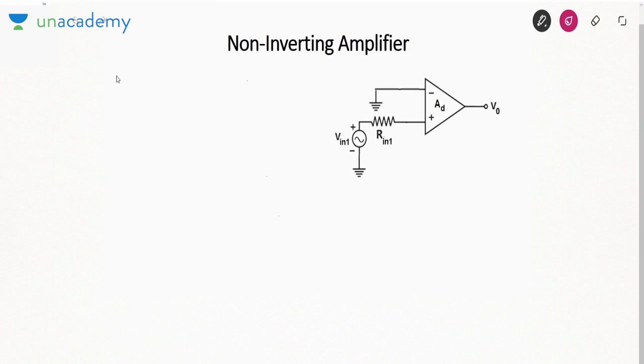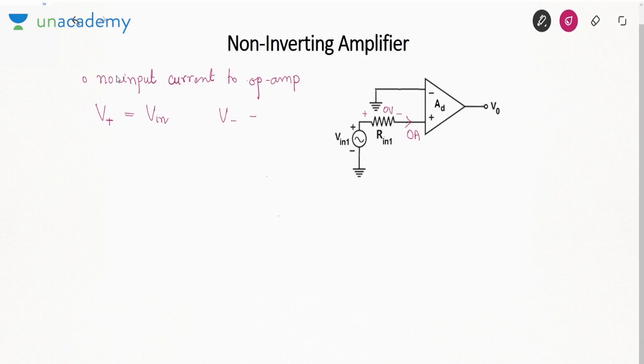Again, the first thing I'll assume is no input current to the op-amp. That you can assume in an ideal as well as a practical op-amp. So if it is 0 ampere, what is the voltage across Rn1? 0 volt. So if I ask you what the positive terminal voltage is, it is Vin.